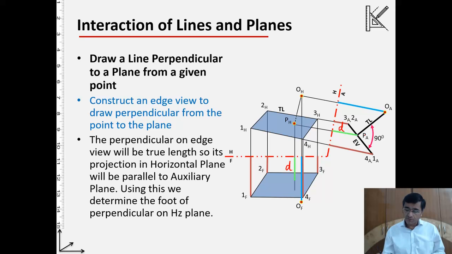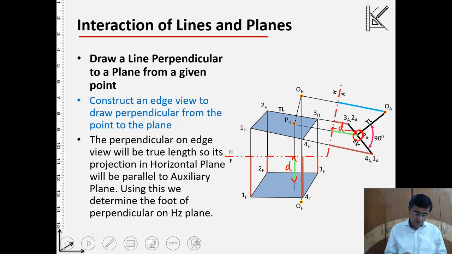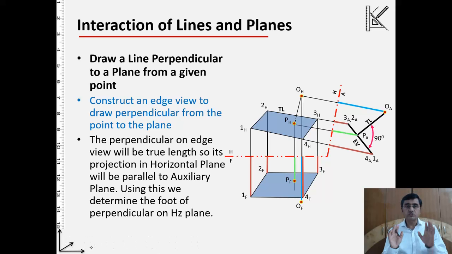So the point PA will be located at the same distance D from horizontal, whether it is in the auxiliary plane projection or in the frontal plane projection. So this is how we will be able to locate the foot of the perpendicular also on the frontal principal plane.